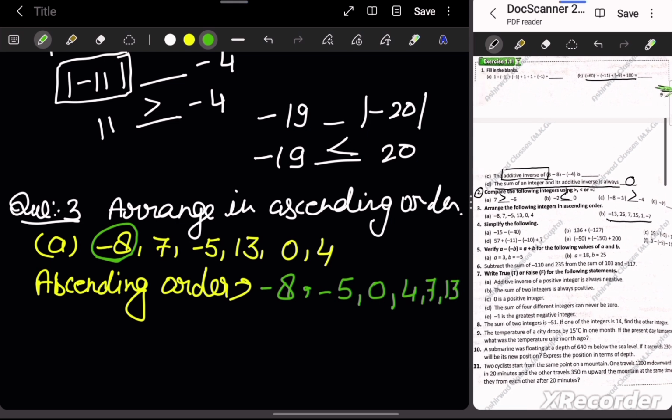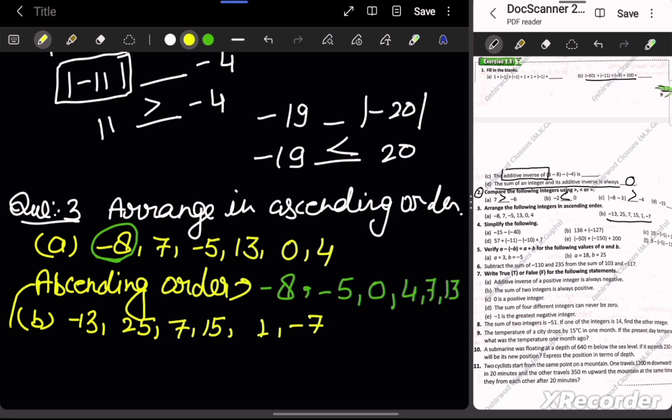Second part is -13, 25, 7, 15, 1 and -7. Now here is ascending order again. The smallest number is minus 13.